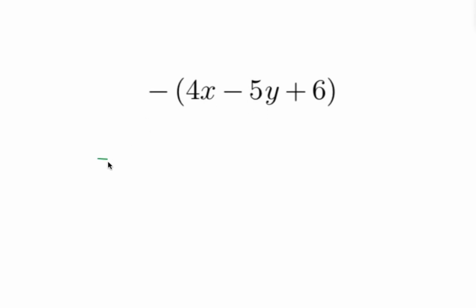Okay. Now here minus multiply with this parenthesis. It means we can imagine here -1. So minus multiply with this parenthesis, or we can say -1 multiply with this parenthesis. It means here we use distributive property. And simply we can say, if negative multiply with parentheses, all sign will be changed. 4x was positive, now negative.